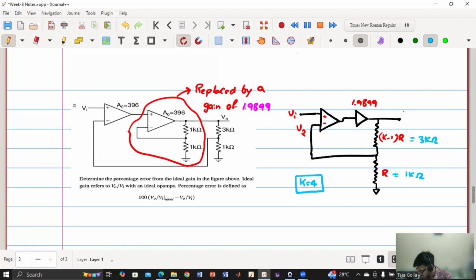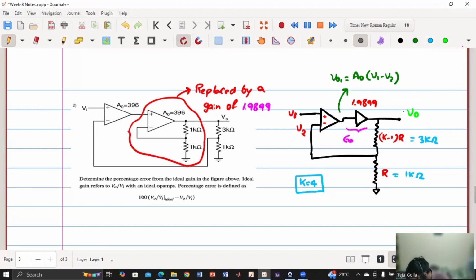Okay. So now this is my V naught. Say suppose I call this as V naught 1. V naught 1 is nothing but A naught into V1 minus V2, right? Say this is V1. So this is just a gain.